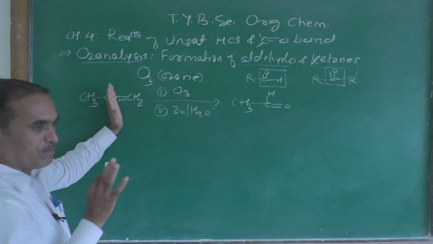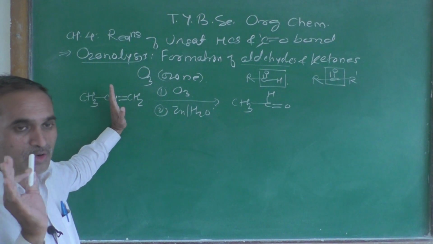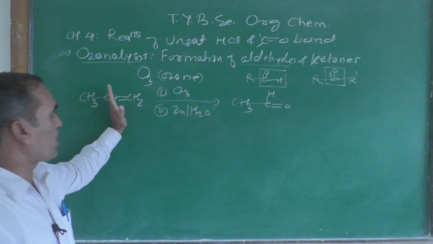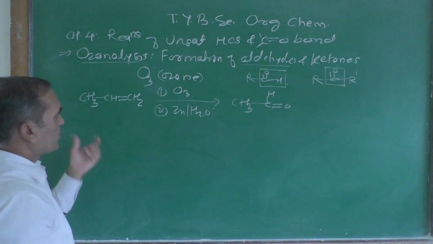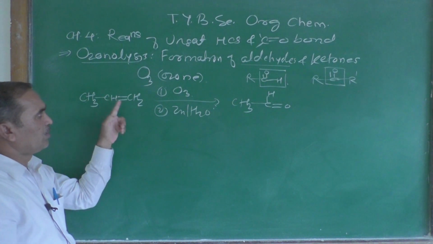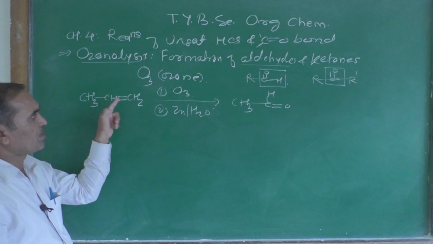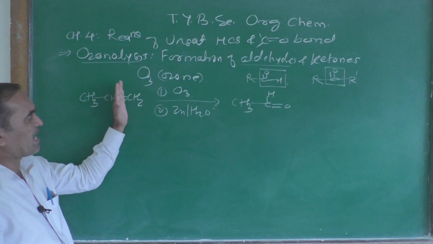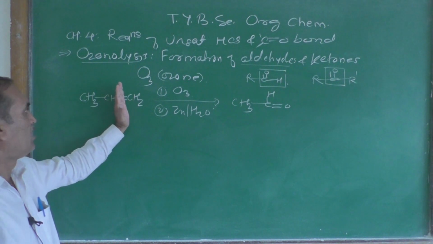Look, it does not break as a single bond, remember, it breaks the carbon-carbon double bond. So if you observe the structure carefully, there is a carbon-carbon double bond, and it is going to break exactly from the middle.